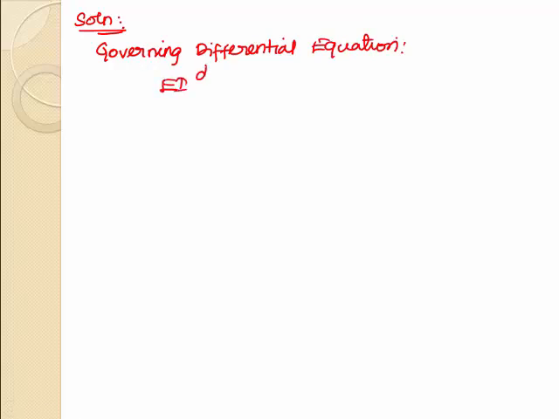We all know that the governing differential equation for a beam element is EI d power 4 y by dx power 4 minus W is equal to 0, which is described between the limits 0 to L.